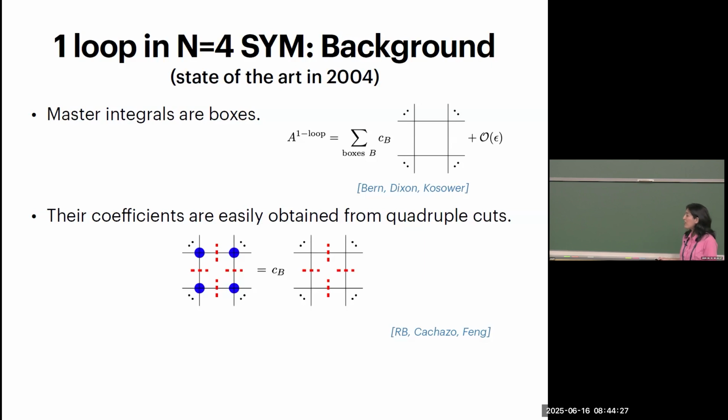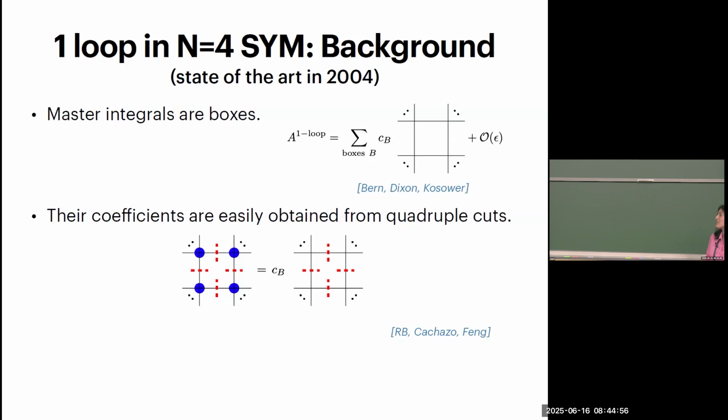And one big development is that it was easy to obtain these from quadruple cuts by just applying an operation that puts all 4 propagators on shell for the master integral on one side and for the full one-loop amplitude on the other side. When you do that to the full amplitude, what you've got left at the corners are still full amplitudes, but at tree level. And then to get the coefficient, you just need to divide this by this.